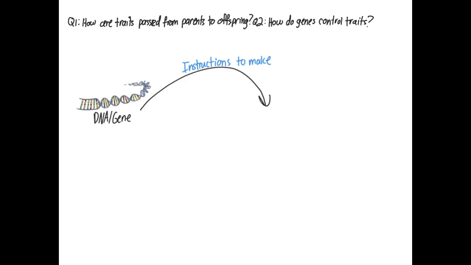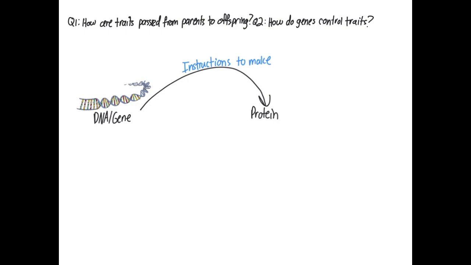But remember that DNA itself doesn't actually do anything. It doesn't make the pigment that makes hair dark, for example. It only holds the instructions for how to make the molecule that does actually make this pigment, which in most cases is protein.